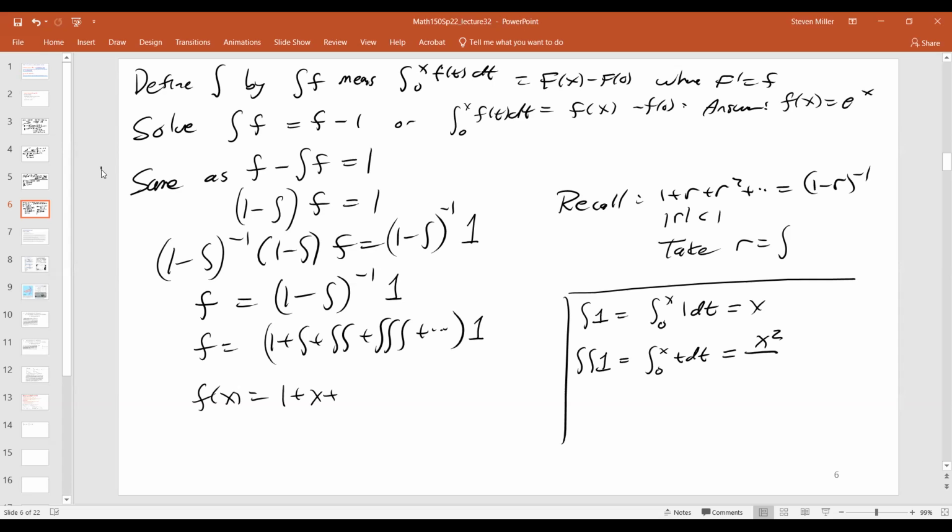I want to write it as x squared over 2 factorial. Really, the previous term is x over 1 factorial. The next term is the integral from 0 to x of t squared over 2 factorial dt. That's going to become x cubed over 3 times 2 factorial, which is x cubed over 3 factorial.